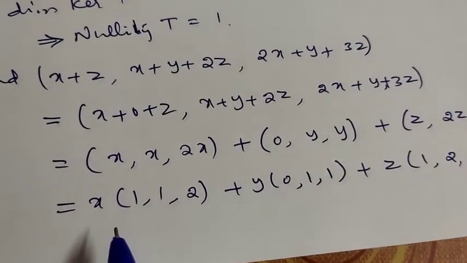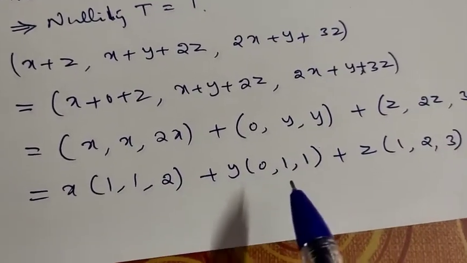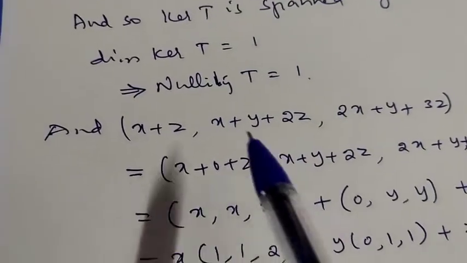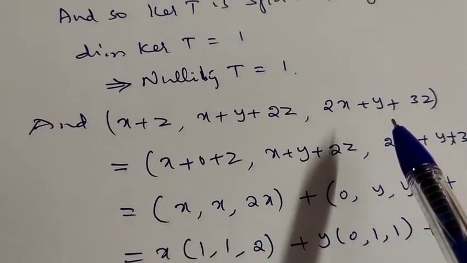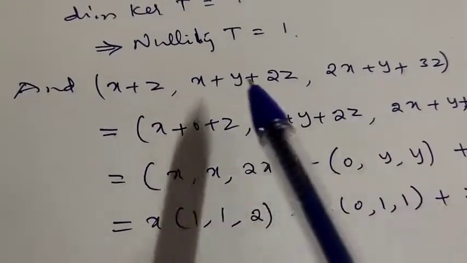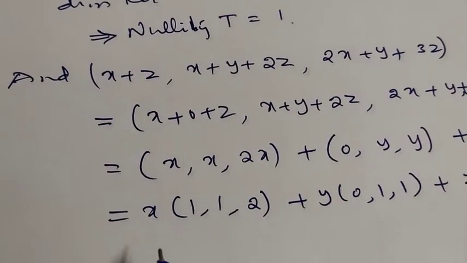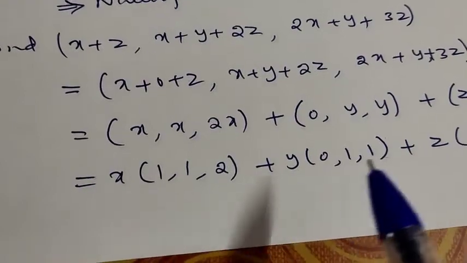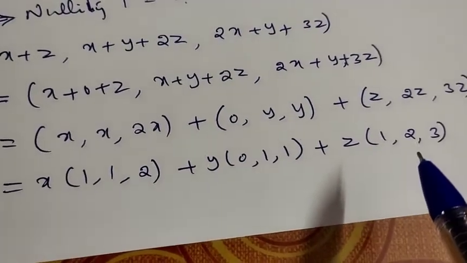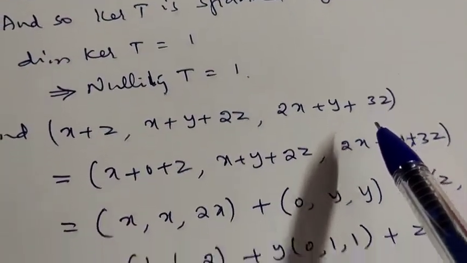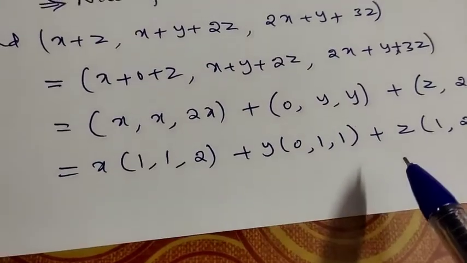Here x is common: x times (1, 1, 2), y times (0, 1, 1), z times (1, 2, 3). Now T of (x, y, z) can be written as a linear combination of (1, 1, 2), (0, 1, 1) and (1, 2, 3). Therefore this element is in the range of T, and it is spanned by these three vectors.